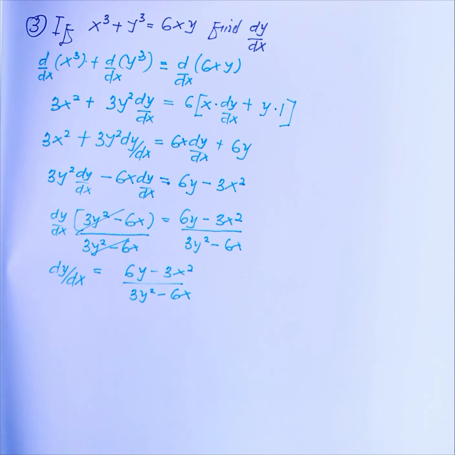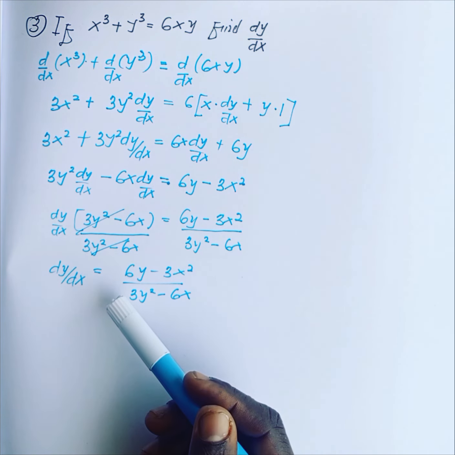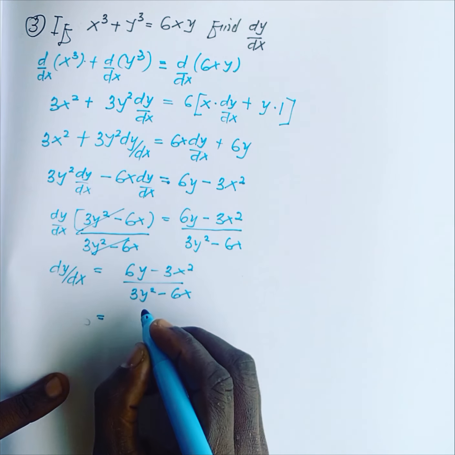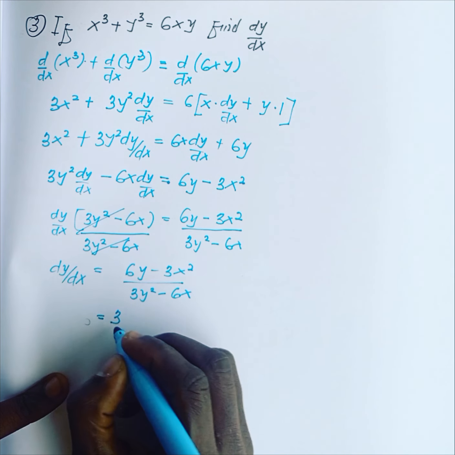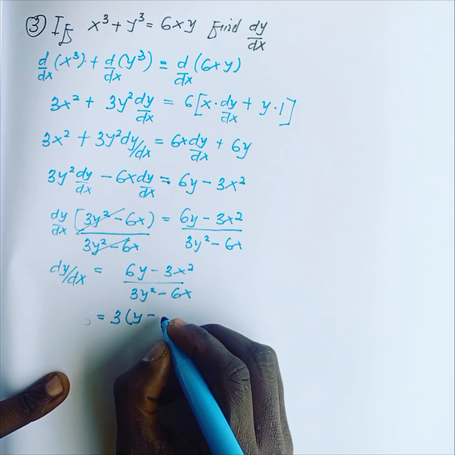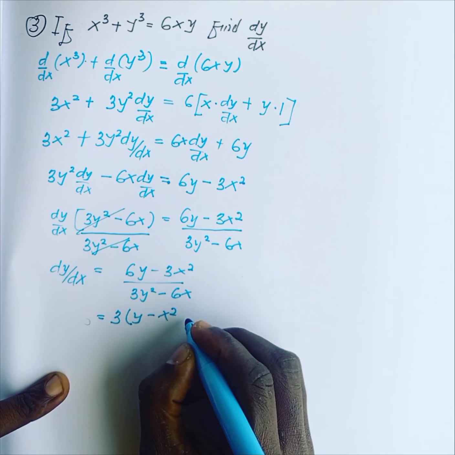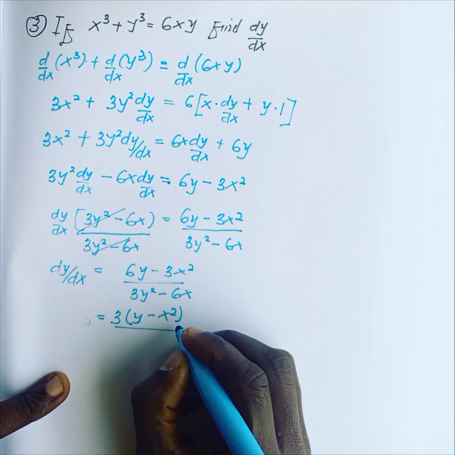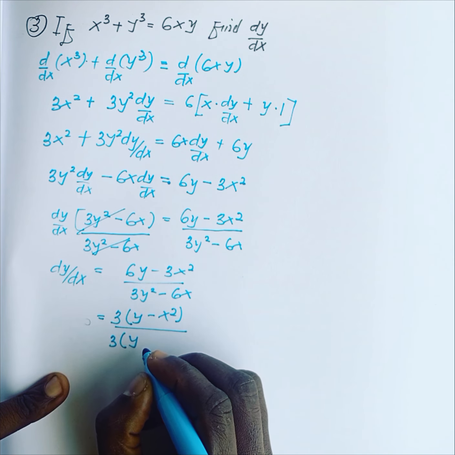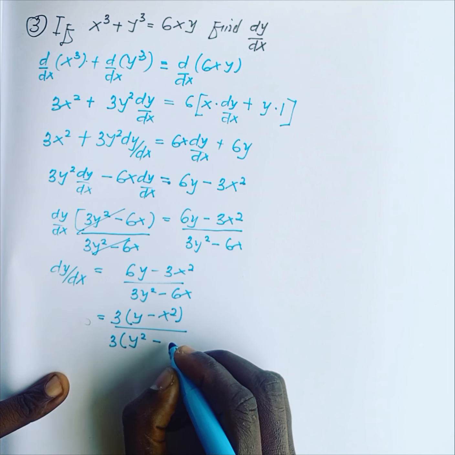Now from here we can factor 3 out because 3 is common to all of them, and then we have 6. So when we factor 3 out here, we get y minus x squared all over... Now when we factor 3 out here, we are left with what? y squared minus x.